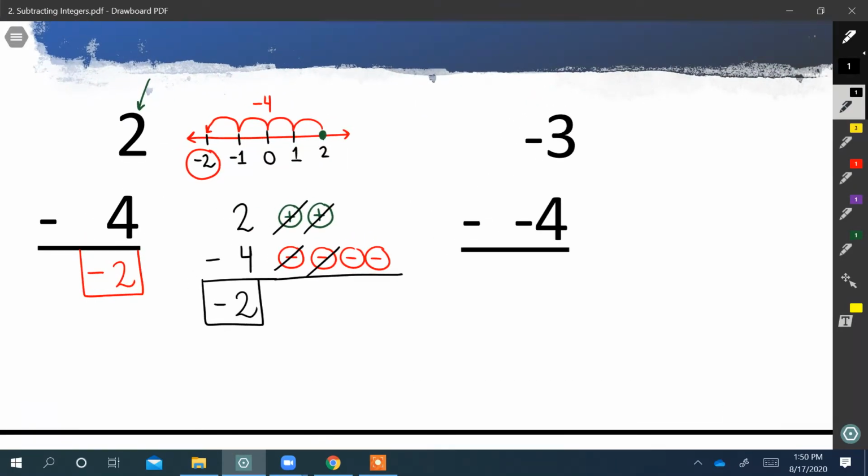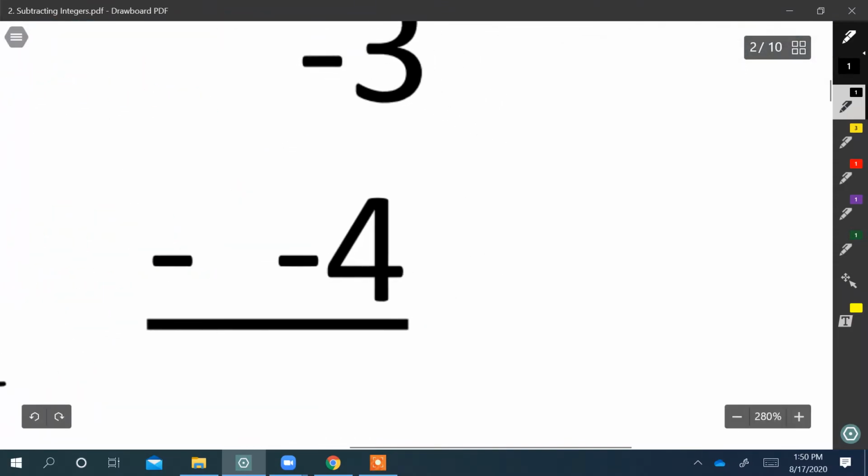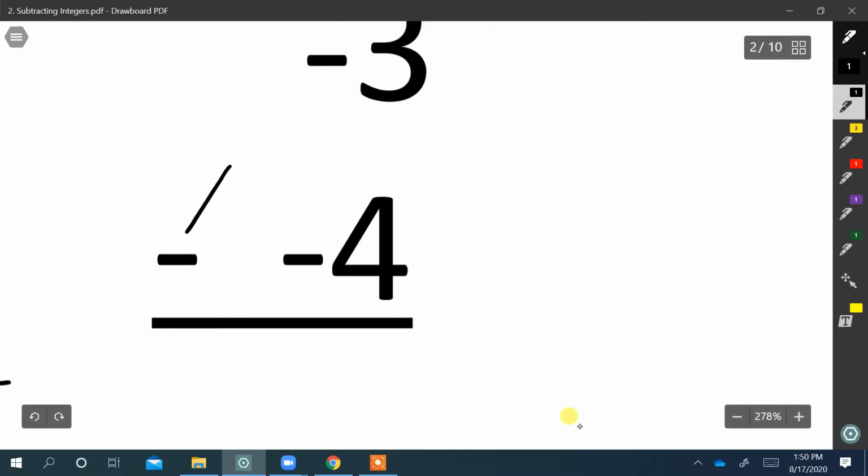Now let's take a look at this one here. Negative 3 minus a negative 4. It seems like those two are opposite of each other.